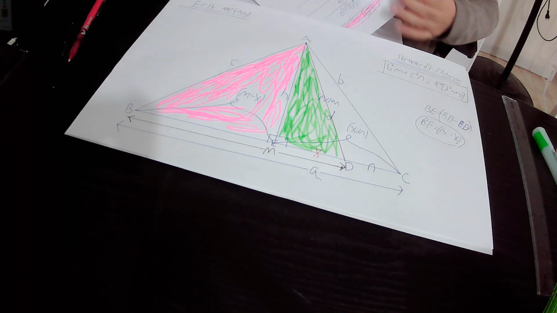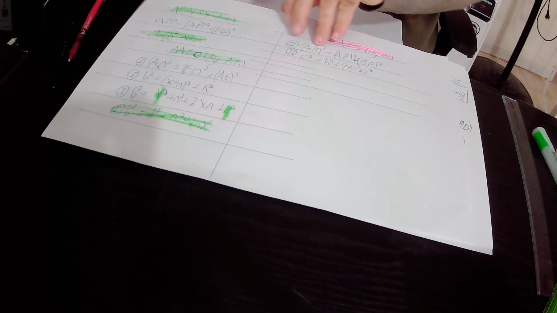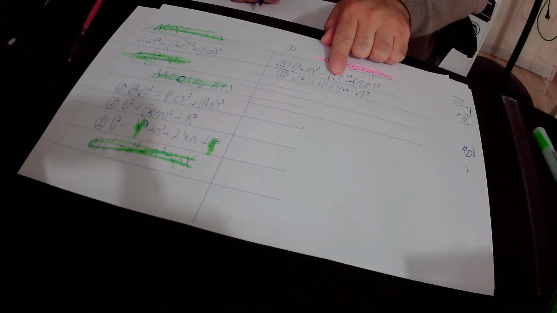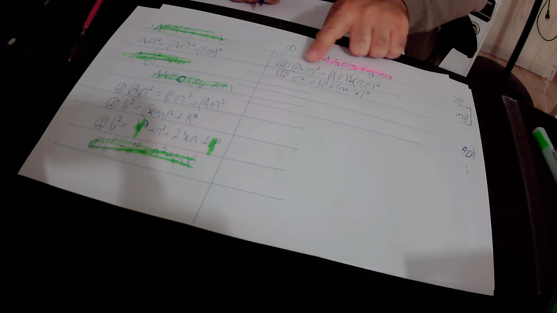In conclusion, we found out that according to the Pythagoras theorem in the right pink triangle AEB, c squared equals h squared plus (m minus x) squared. This is equation number 2.